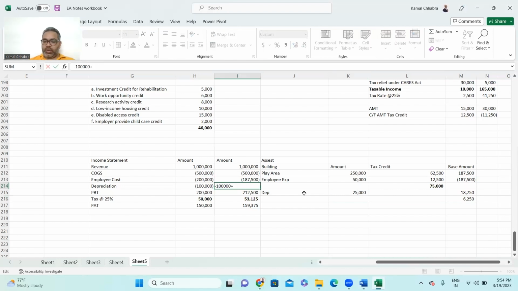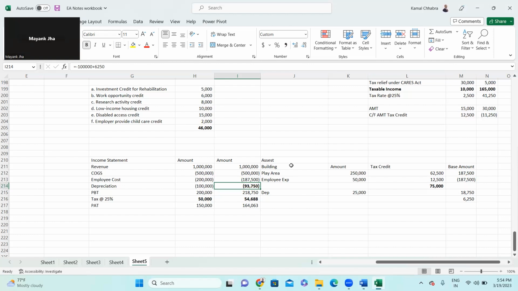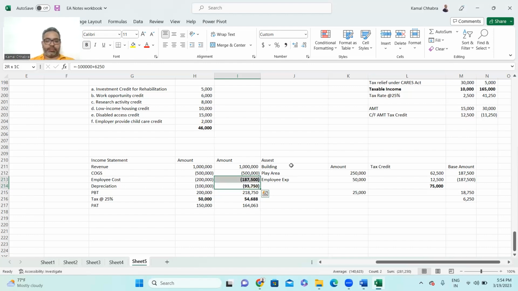Hence, you need to add back 6,250. So your depreciation should be 93,750. Make sense? So these are the two adjustments, right?